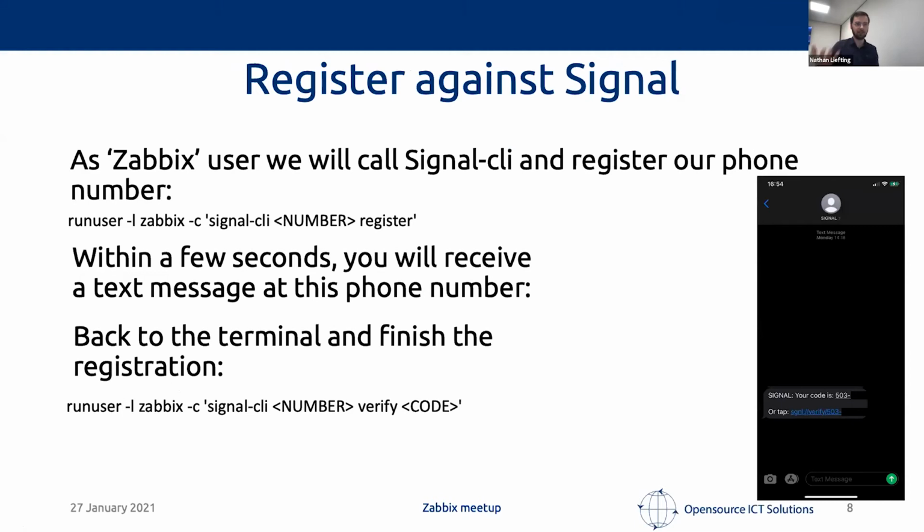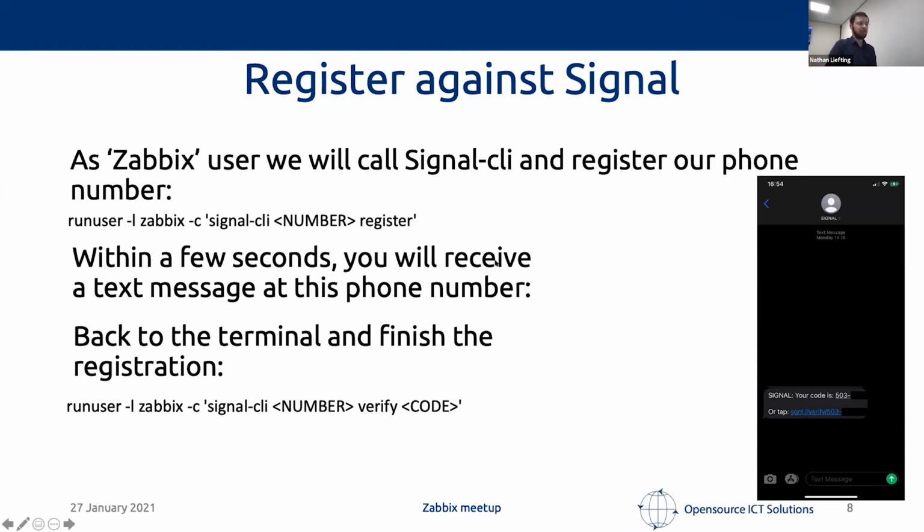And after we have the Signal-CLI, we can start using it to register against that API. So we're going to go to the Zabbix user on our Zabbix server, and we'll use the Signal-CLI command to register our phone number. So we'll use the run user command shown here, and the number over here in the number field will be the phone number that we are going to use for the Signal integration exclusively, not your own phone number.